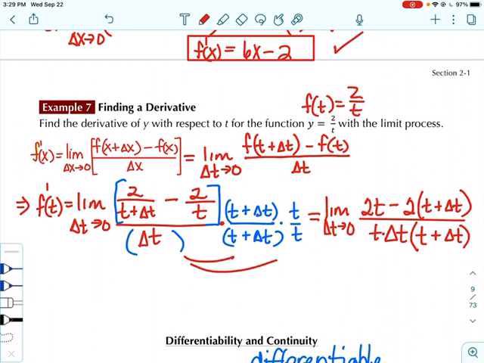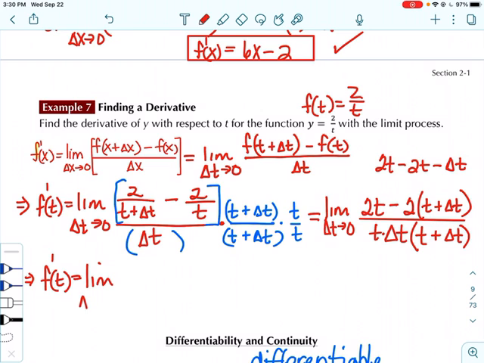Okay, I'm going to simplify the numerator then. So let me erase this, come back over here. So I have f prime of t is equal to, in the top, let's mess with this a bit, 2t minus 2t minus 2 delta t. So in the top I get the limit, well, let me write the limit first, of delta t going to 0. And then in the top, I just get minus 2 delta t.